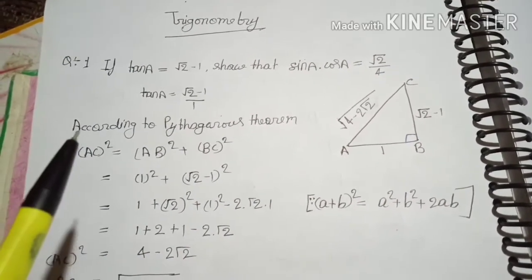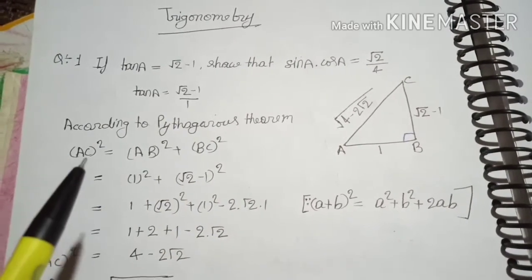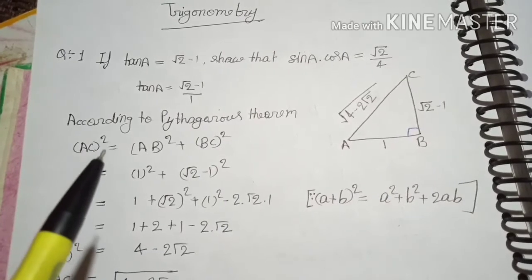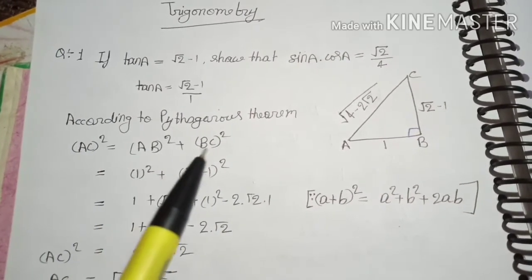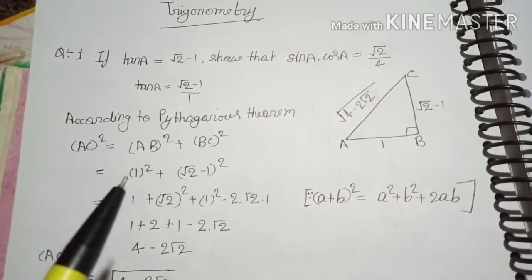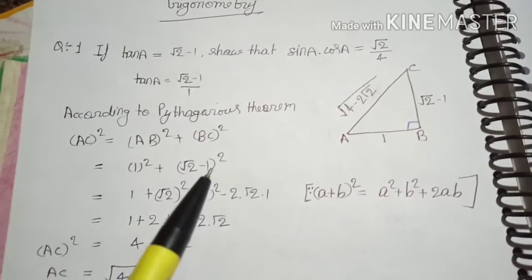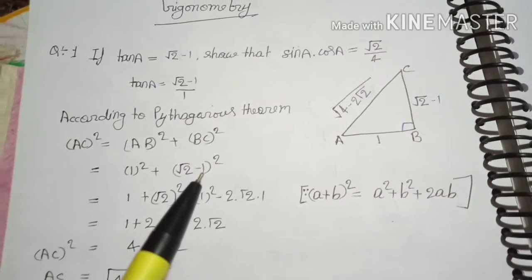According to the Pythagoras theorem, hypotenuse square, that is AC square, is equal to base square plus perpendicular square. The value of base is 1 and the value of perpendicular is (root 2 minus 1) whole square.